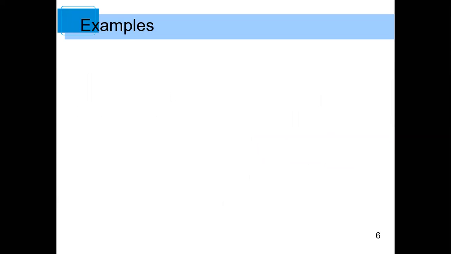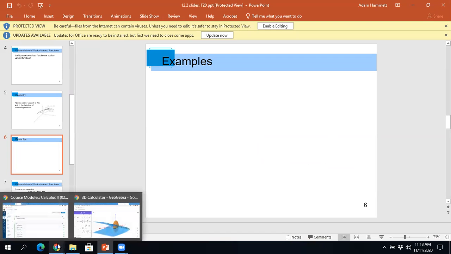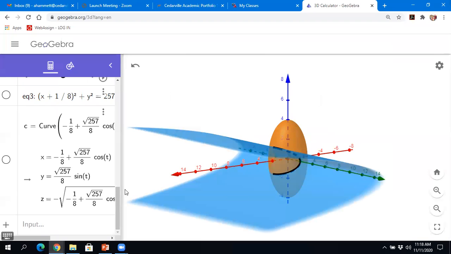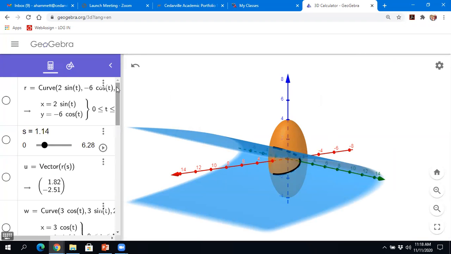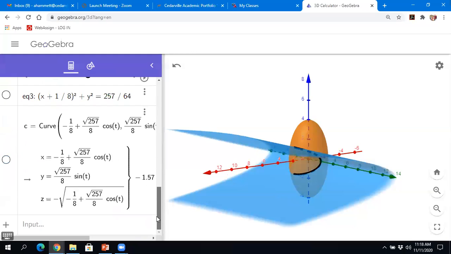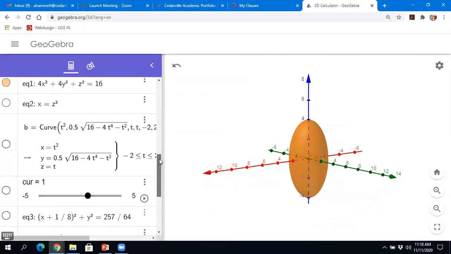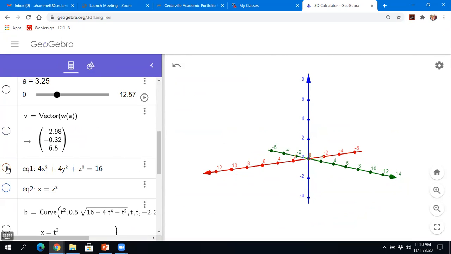Okay, let's do some examples. So what I want to do is go back over to this thing that we were working on yesterday. I'm going to close out this nice little picture and get rid of the orange thing here.